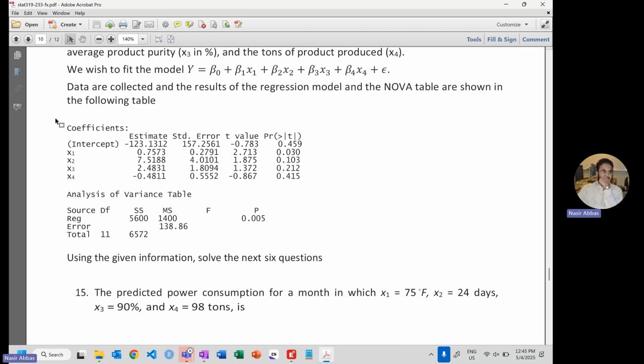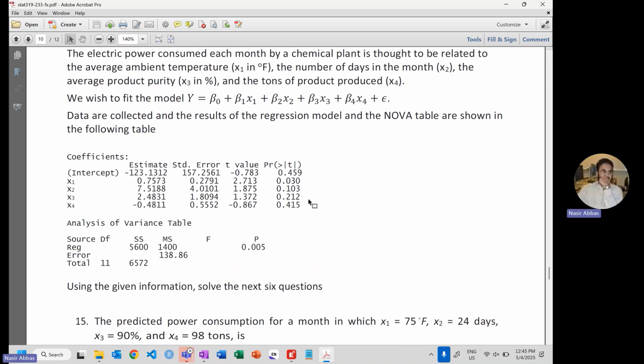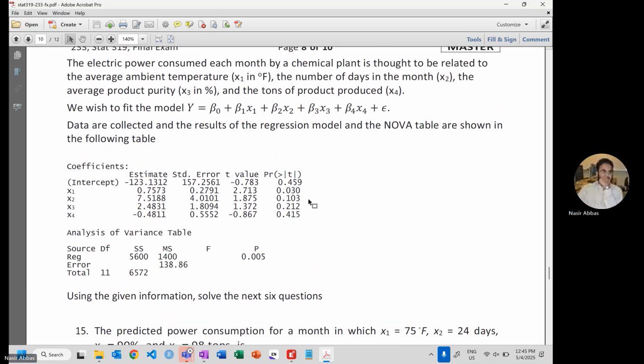Lucky for you, the whole coefficient table is given, but there are some values which are missing here. So let us first fill the missing values. The degree of freedom for the regression is missing. What is that going to be? 4. Good. The error degree of freedom is missing. What is that going to be?